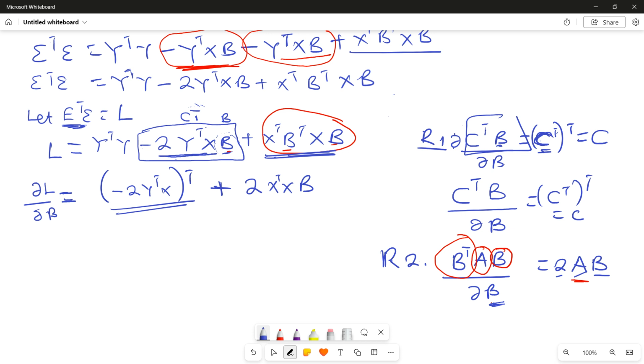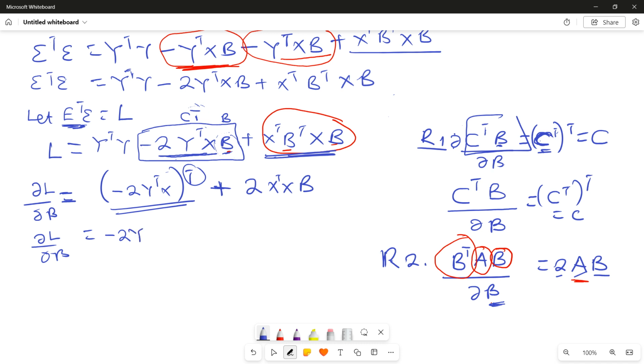Yes, George. Okay, great. So therefore, the change in L due to change in beta is going to be, now can we distribute the transpose sign on this side? We know that the 2 transpose will still be 2. So this will just be -2, but now y transpose is just y.